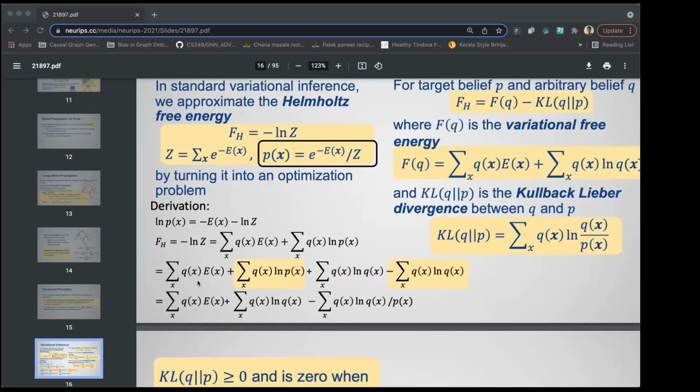And let's see, we're trying to find out where we got to the next step from. Right, so we add this and we subtract this as well.